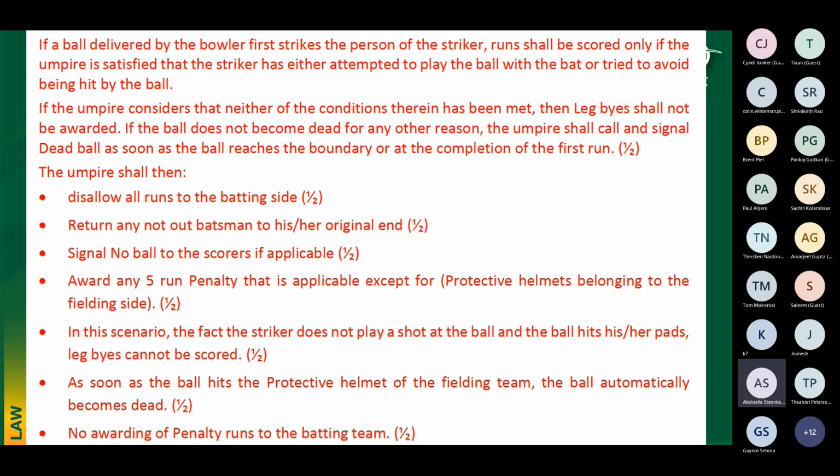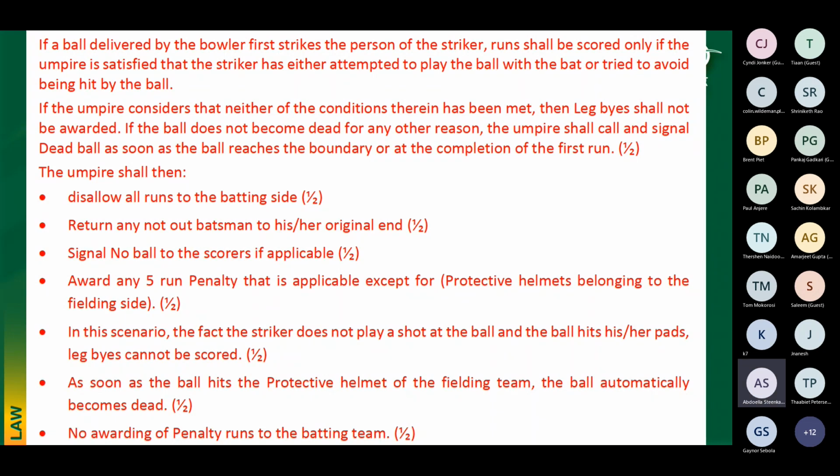If the umpire considers that neither of these conditions has been met, which is the case here because the batter shouldered arms, what will then happen? If the ball does not become dead for any other reason, the umpire needs to call and signal dead ball as soon as the ball reaches the boundary or at the completion of the first run.